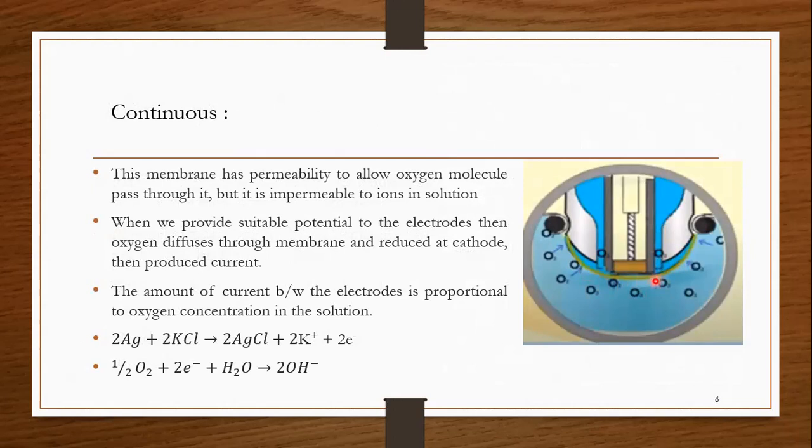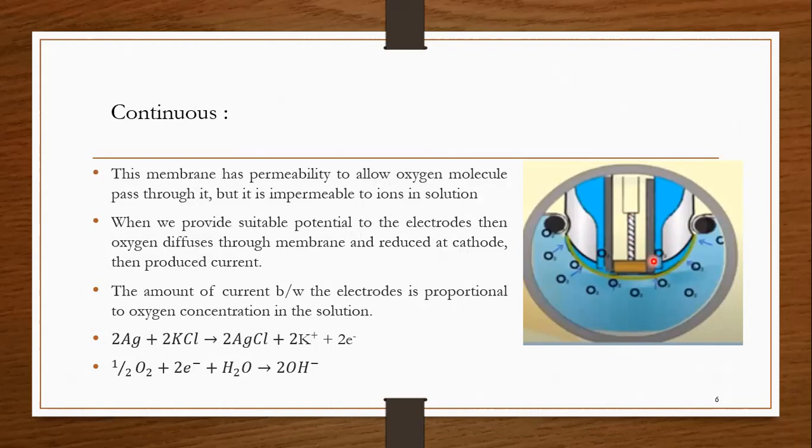When we provide a suitable potential to the electrode, oxygen is reduced on the electrode by gaining electrons and converts into OH ions, hydroxyl ions. These hydroxyl ions move to the meter. Further, it is attached to the meter, and these OH negative ions move in the meter. In this way we can easily identify the current.